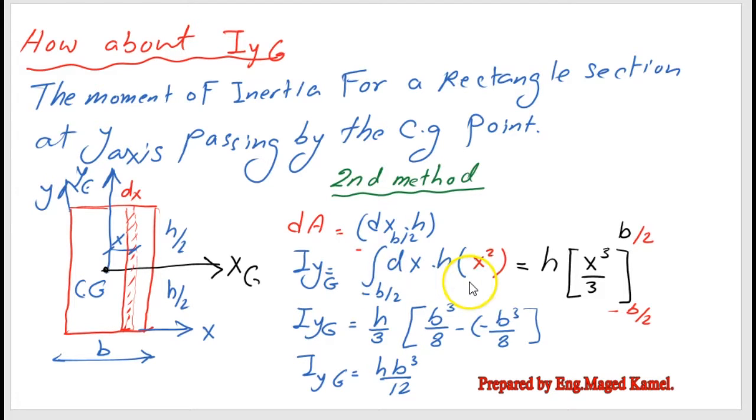Then we have the integration of x squared dx, which will give us x cubed over 3 inside the bracket. And we start from x equal to minus b over 2 to x equal to plus b over 2.